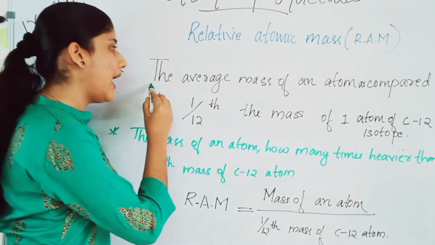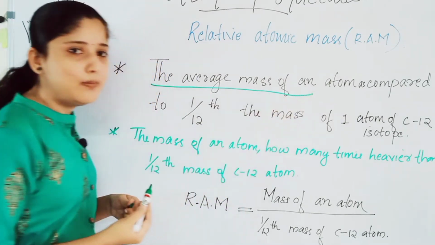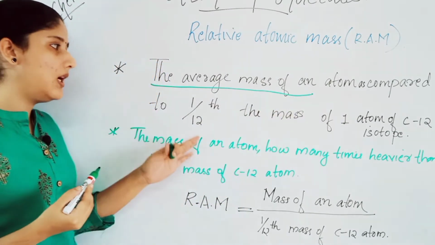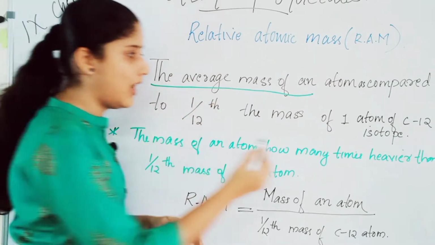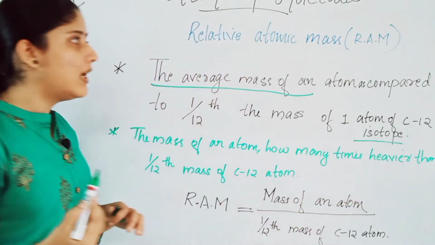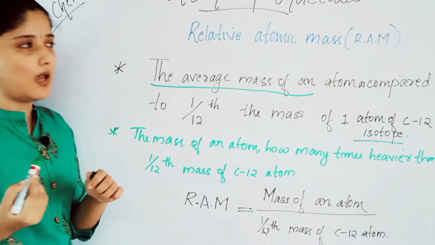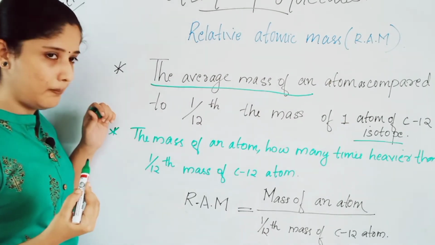Once more, the average mass of an atom as compared to 1/12th mass of one atom of carbon-12 isotope is the definition of relative atomic mass, abbreviated as RAM.